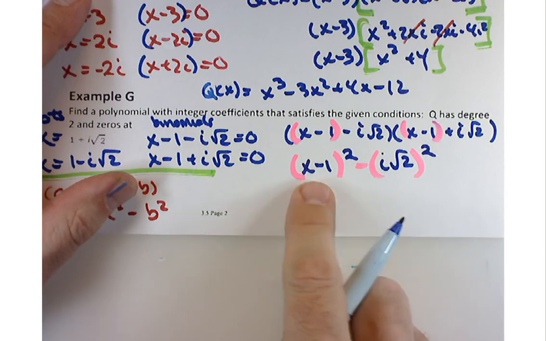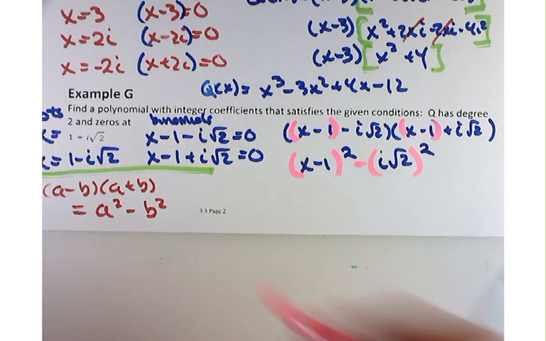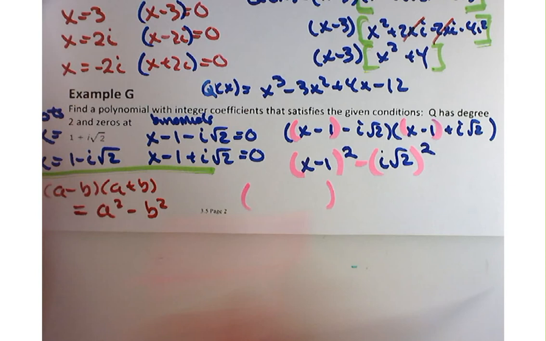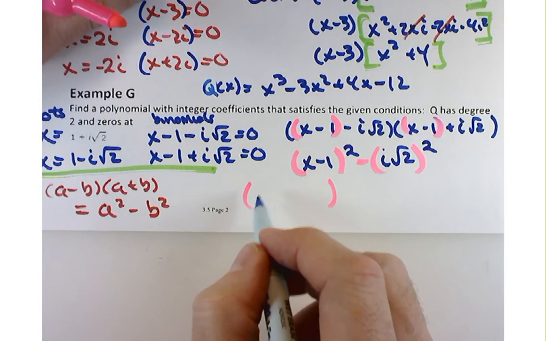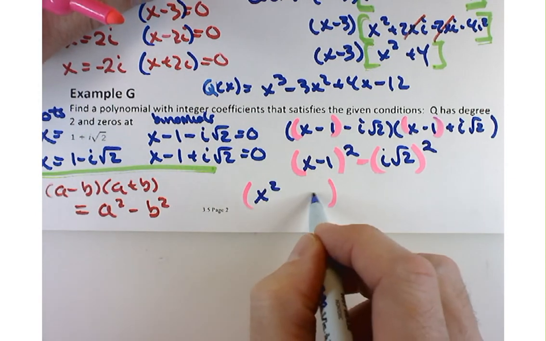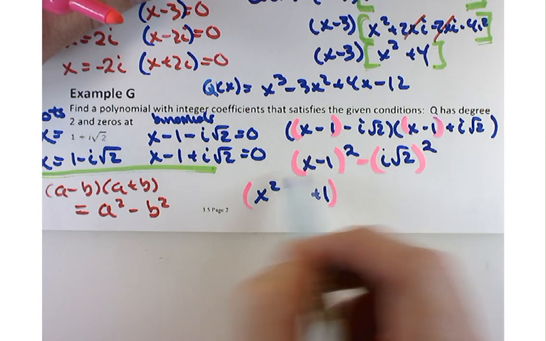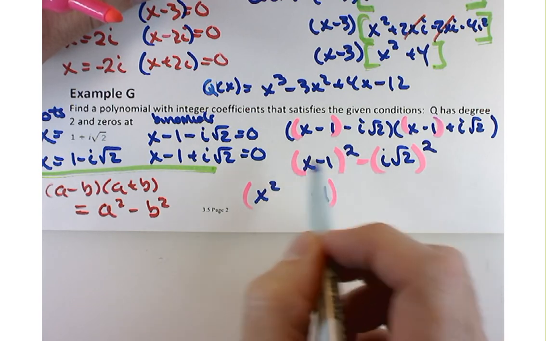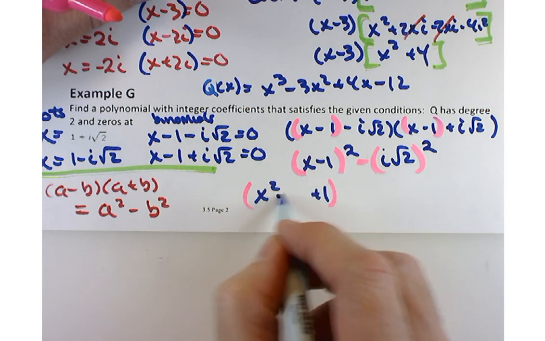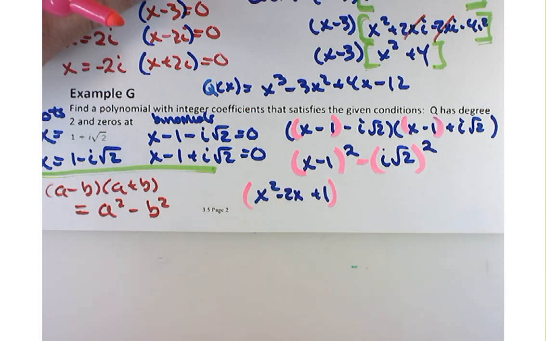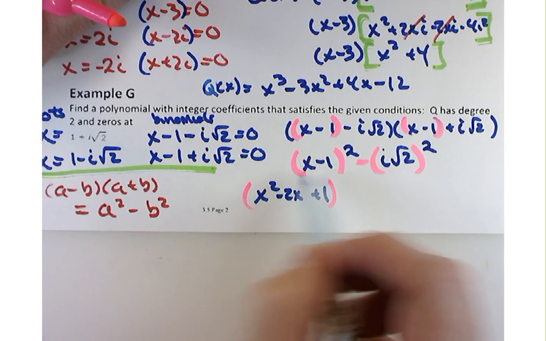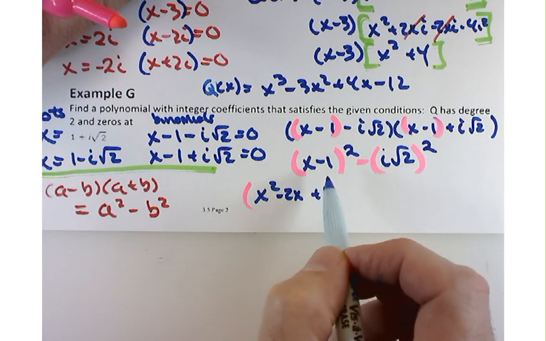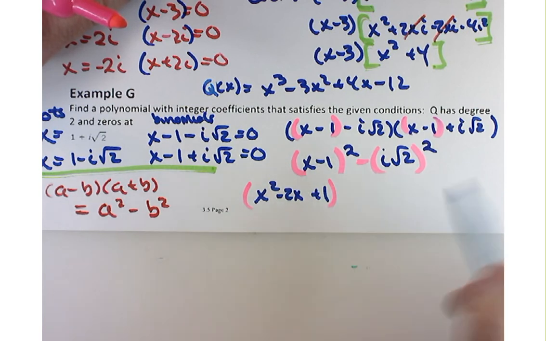Now, this first one doesn't square out as x squared plus 1. There's a middle term here. When you square these out, you square the terms, and then you take 2 times this times this. So you have a minus 2x in between. Not a bad idea to practice squaring these things out without repeating the binomial.